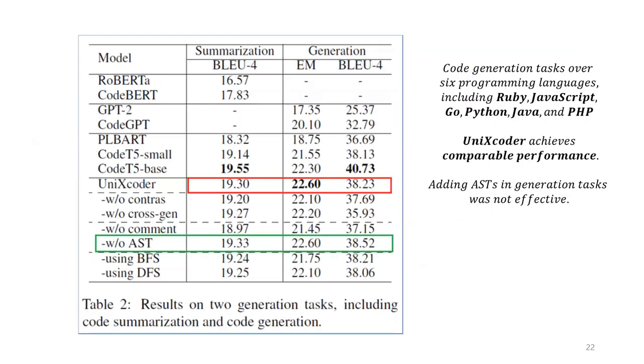The next one is code summarization and generation, which are generation tasks. In this case, UniXcoder is slightly outperformed by CodeT5 base. The authors have provided their own reasons for this result. First, they discussed that CodeT5 base has a bigger model size. The T5 base model is bigger than UniXcoder.